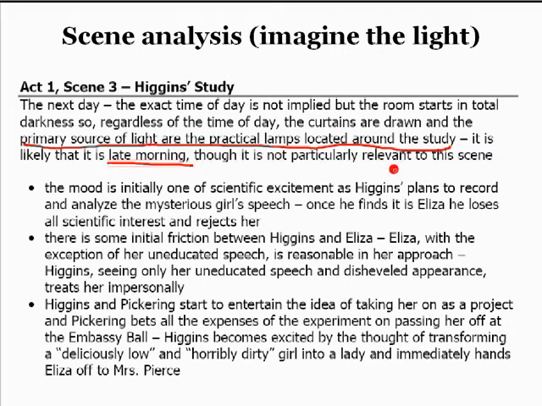Late morning, not really relevant to this scene because it starts in total darkness. So I'm making notes about how that scene is lit, about where it takes place, about things like that. And then everything below this is basically a summary of the action, a summary of how the lighting might play into it.